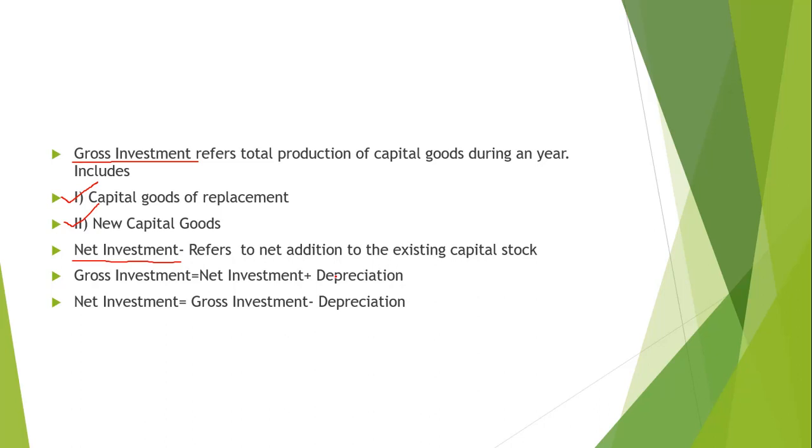Suppose I have machinery worth 20,000 and I bought machinery worth 50,000. Then that 50,000 is my net investment.